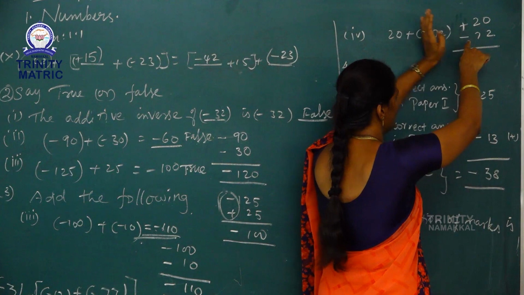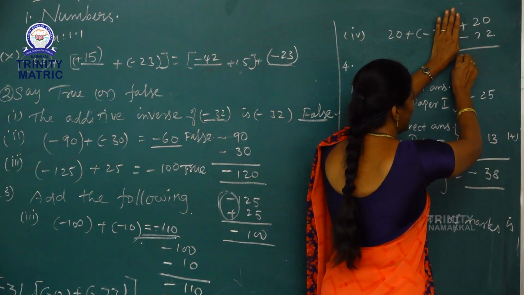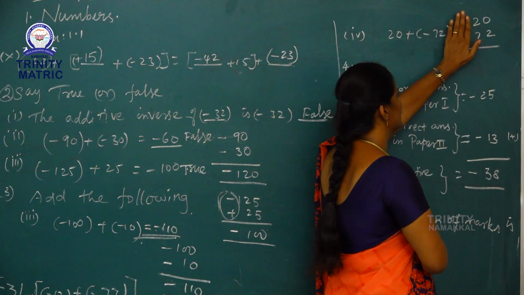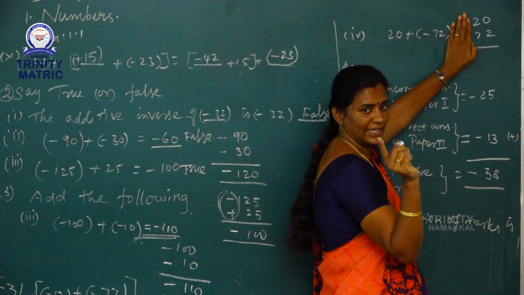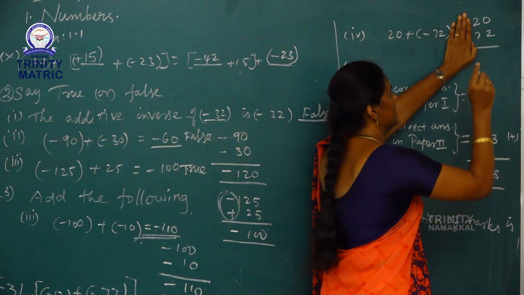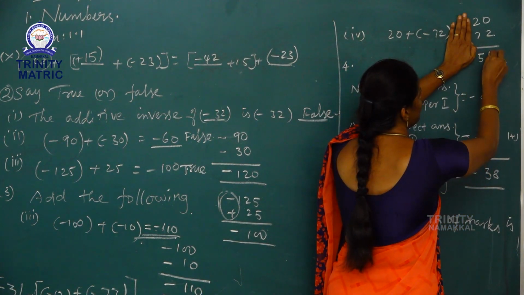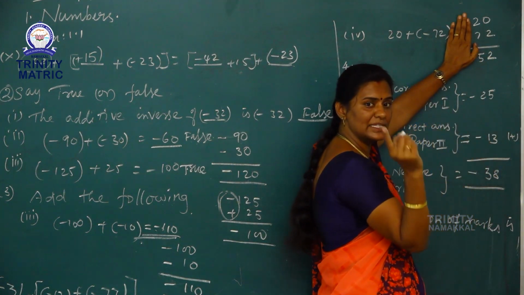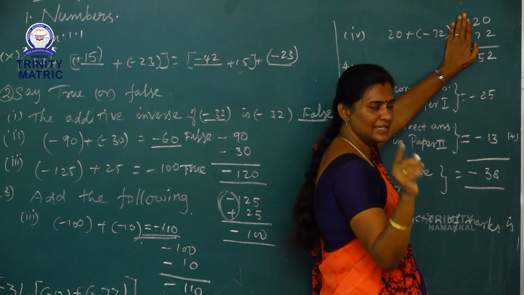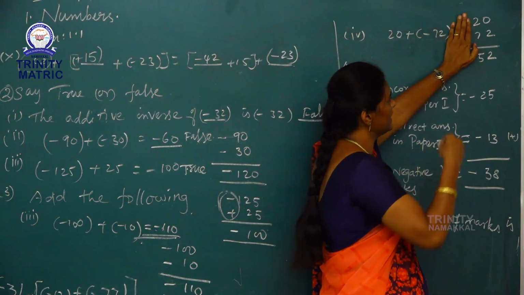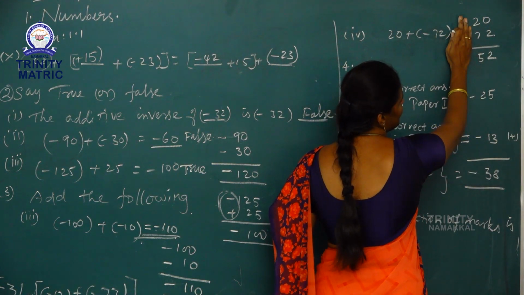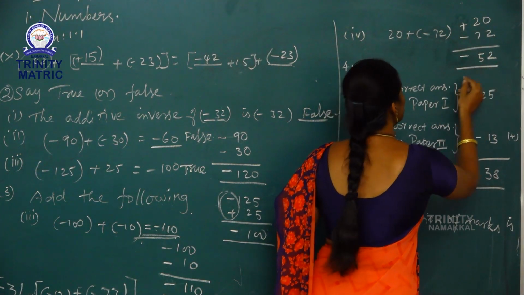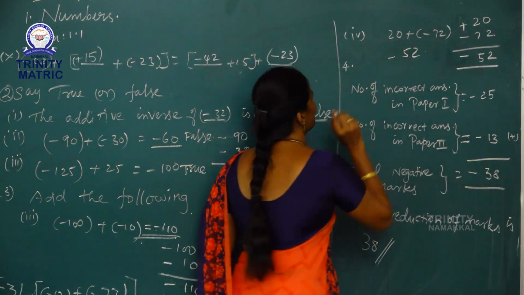In front of 72 we have minus. So the answer will be minus. What is the difference between 72 and 20? Yes, the answer is 52. 72 minus 20 is 52. If we subtract the integers, we find the difference between 20 and 72 is 52. So the answer is minus 52.